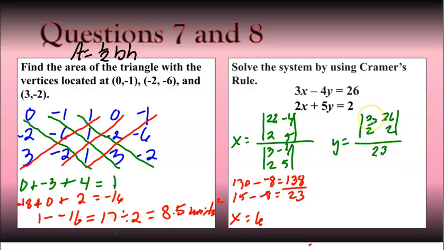So now I find the determinant on the numerator. So 3 times 2 is 6, minus 2 times 26 is 52. 6 minus 52 is a -46. And we're going to divide all that by the determinant of the denominator, which is 23. That leaves us with y equaling a -2.